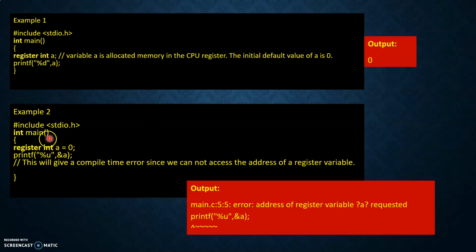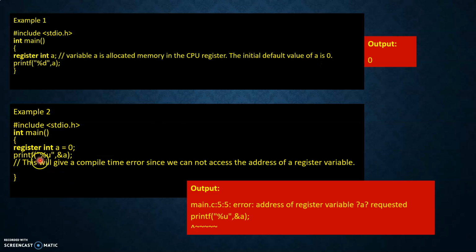Now go to this example: register int a equal to 0. Suppose you are giving a value a equals 0. Now in printf you are giving unsigned integer a. This will give an error. Why? Because it cannot access the address of a register variable. You are giving a variable integer a and printing the value with printf %d a. At that point it is taking the value of a. Correct.